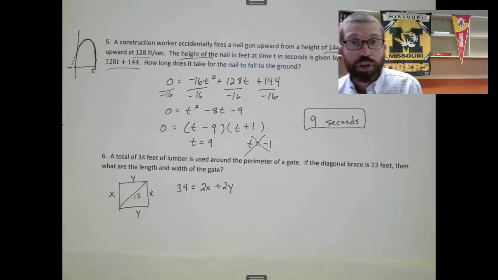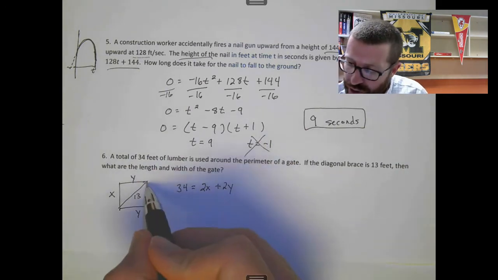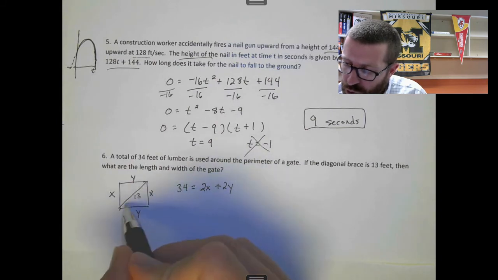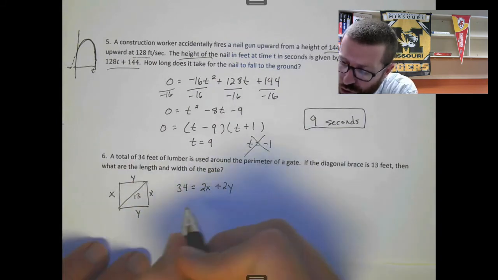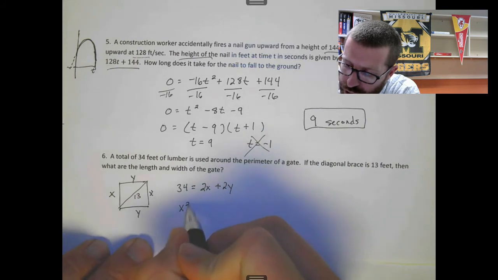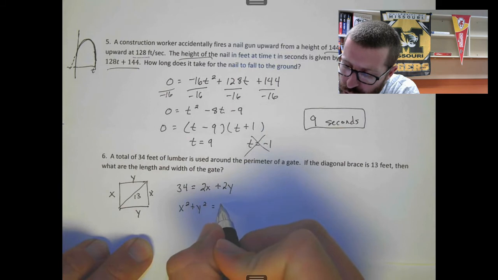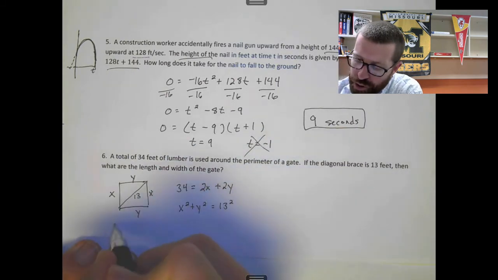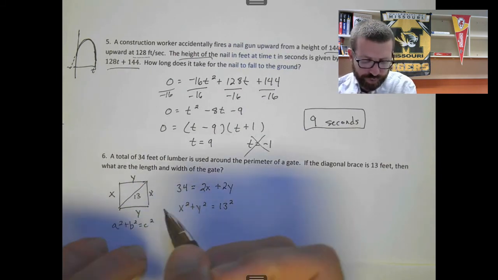Okay, what else do we know? We also know that our gate forms a right triangle. So we know x squared plus y squared is equal to 13 squared. From the Pythagorean theorem, a squared plus b squared is equal to c squared.